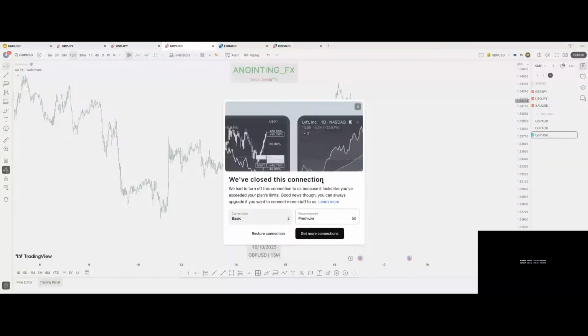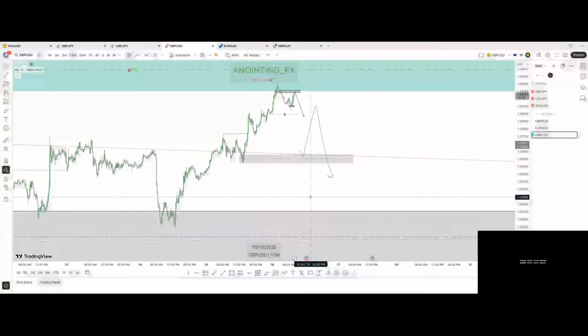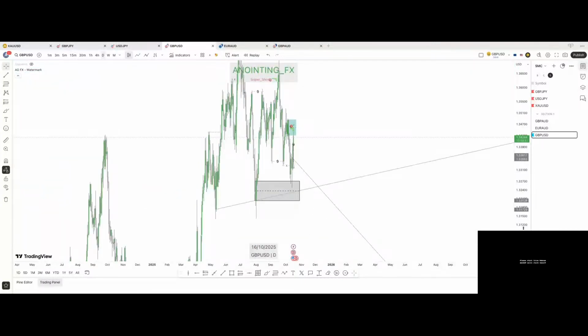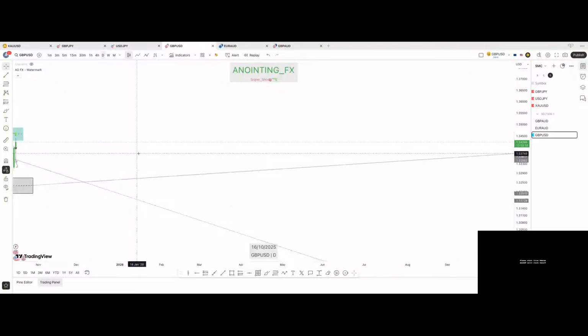Someone says analyze GU already. Maybe you joined late. We've looked at GU where I said, taking from the higher time frame, we are looking at price selling from this zone.